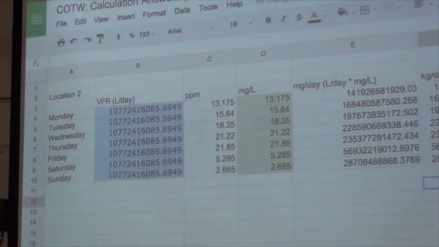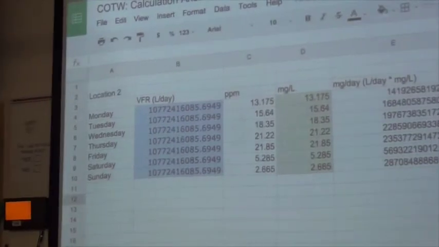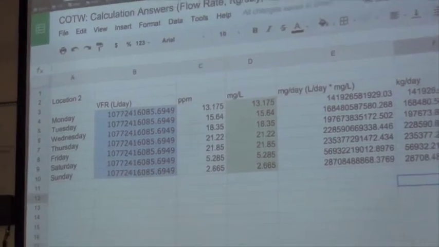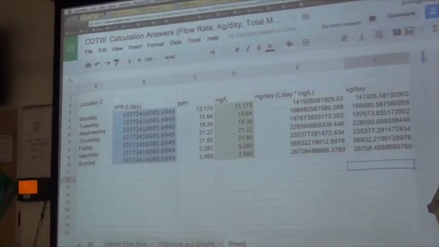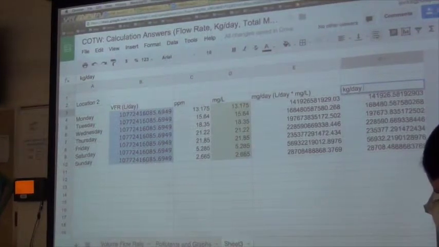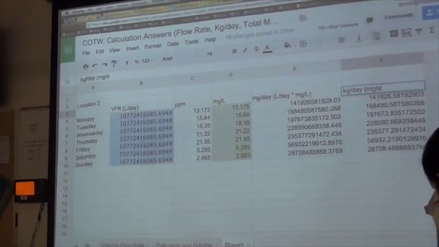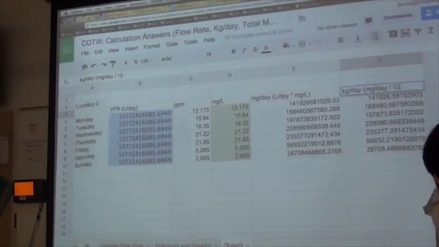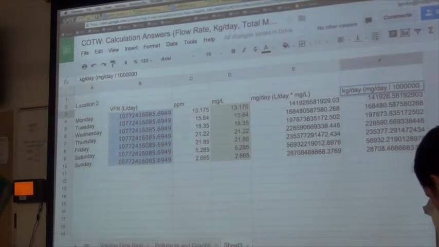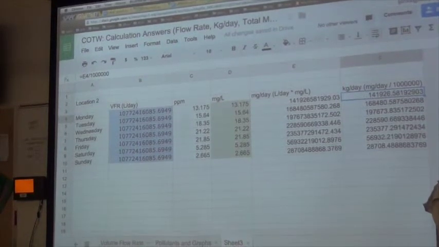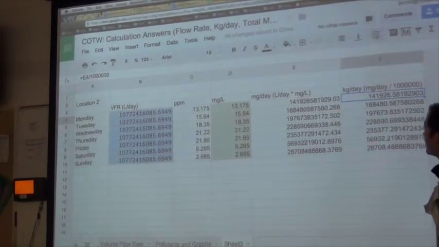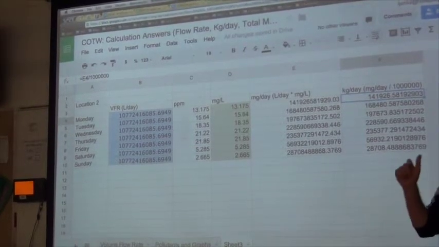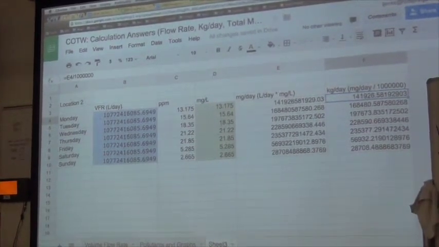The milligrams per day divided by 1 million. So I've now got it in kilograms per day. So I have Monday, Tuesday, Wednesday, Thursday, Friday, Saturday.